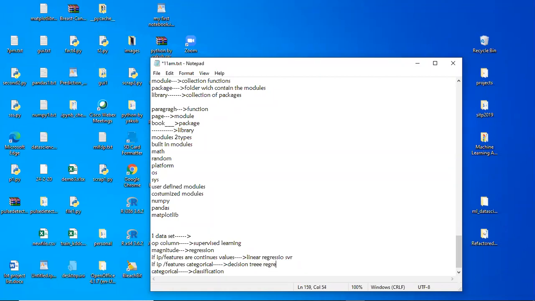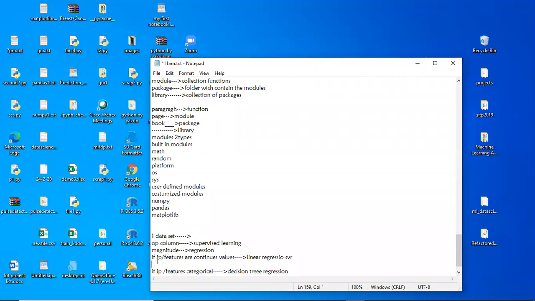Again, we need to check one more thing: how the input depends on the output, whether there is a linear relation or an exponential relation. If there is a linear relation, simply apply a linear regression model, whether simple linear, polynomial or multiple linear regression based on the input features.